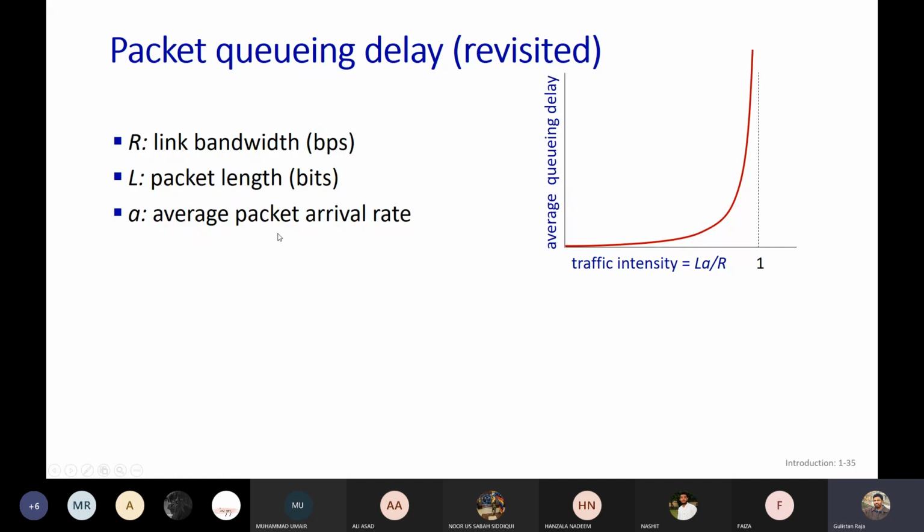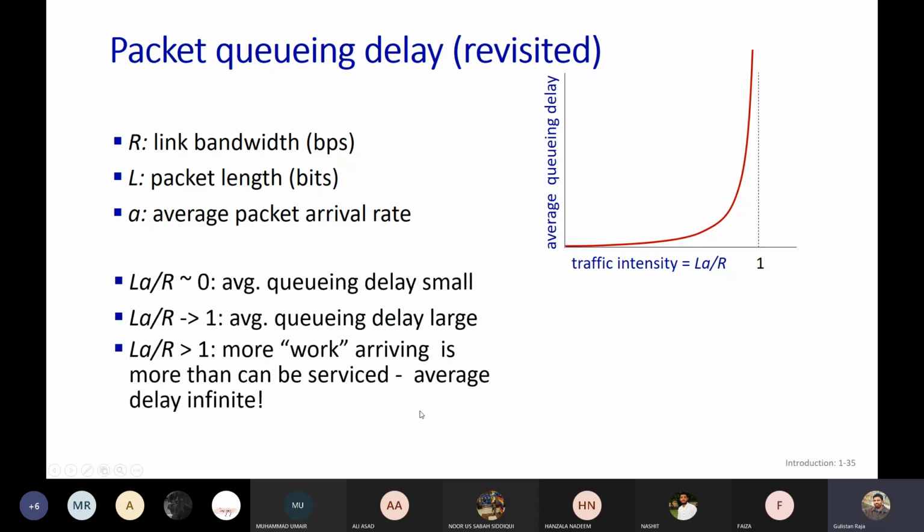R is the link bandwidth, and L is the packet length in terms of bits. A is added because packet arrival is bursty in nature, so we use the average arrival rate of the packets.